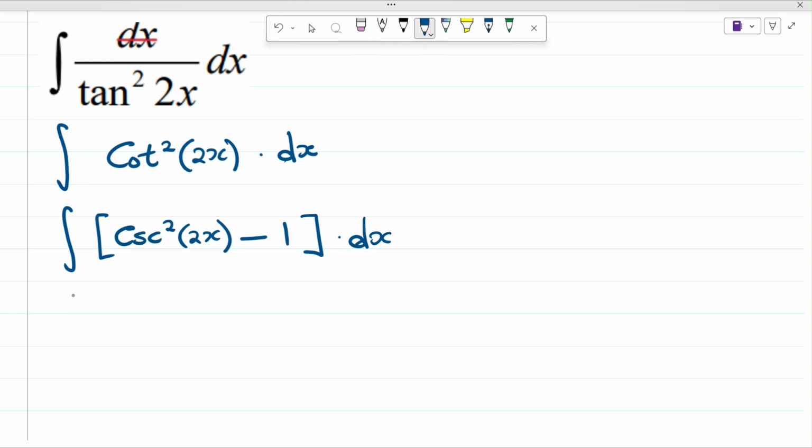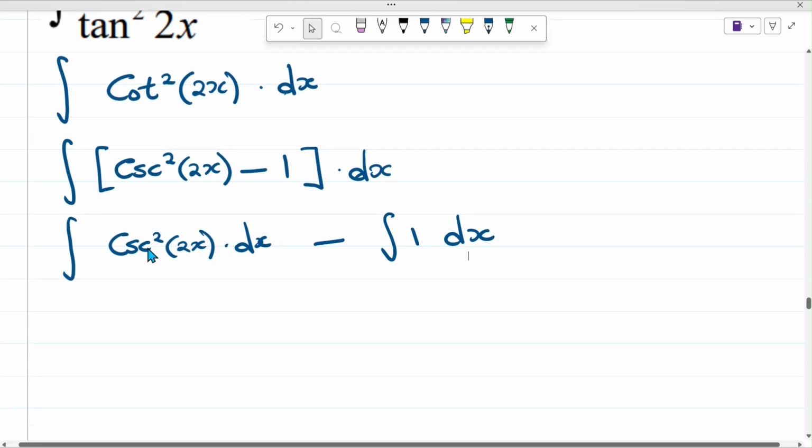And then from here, we're going to split this so that each term has its own integral. So this is going to be the integral of cosec squared of 2x dx minus the integral of 1 dx.